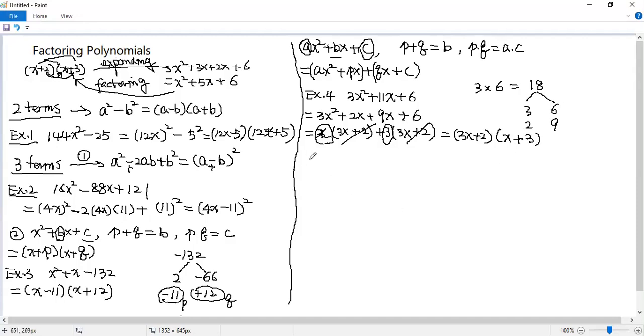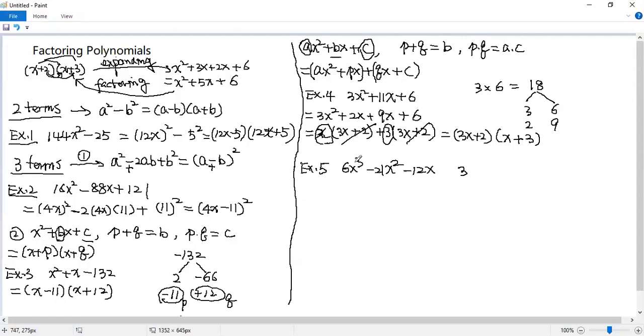Let's try another example. 6x cubed minus 21x squared minus 12x. Although it is not a quadratic polynomial, the greatest common factor of 6, negative 21, and negative 12 is 3, so we take it out.